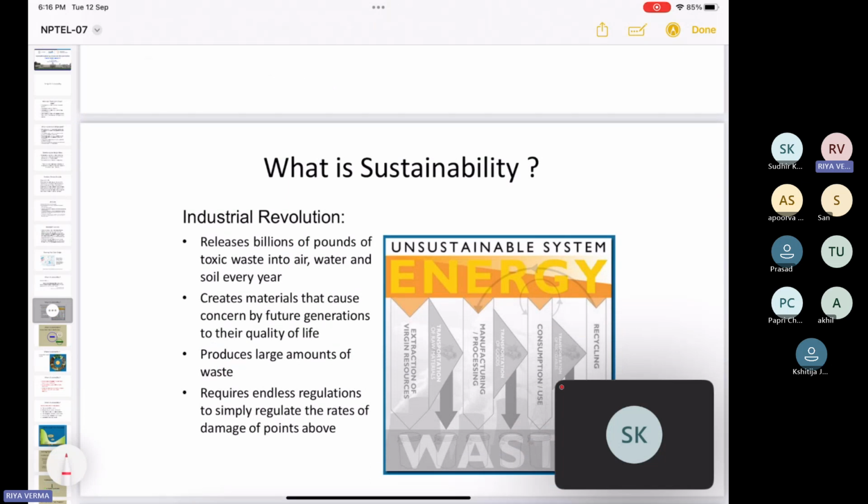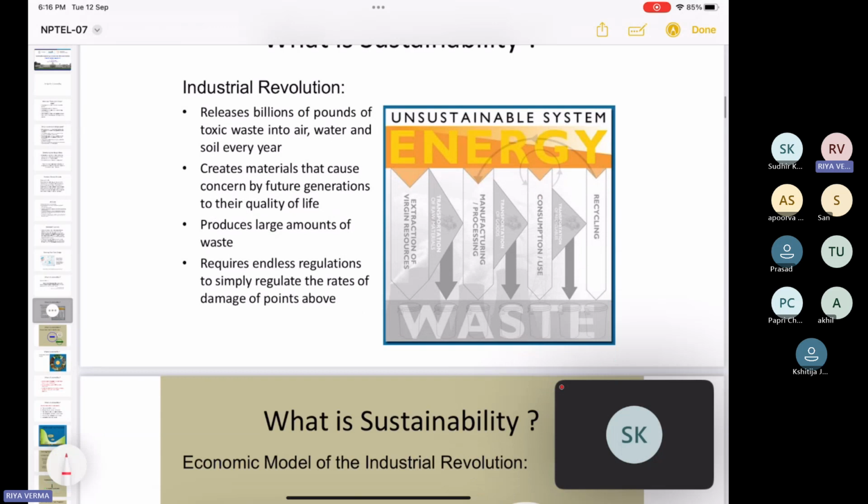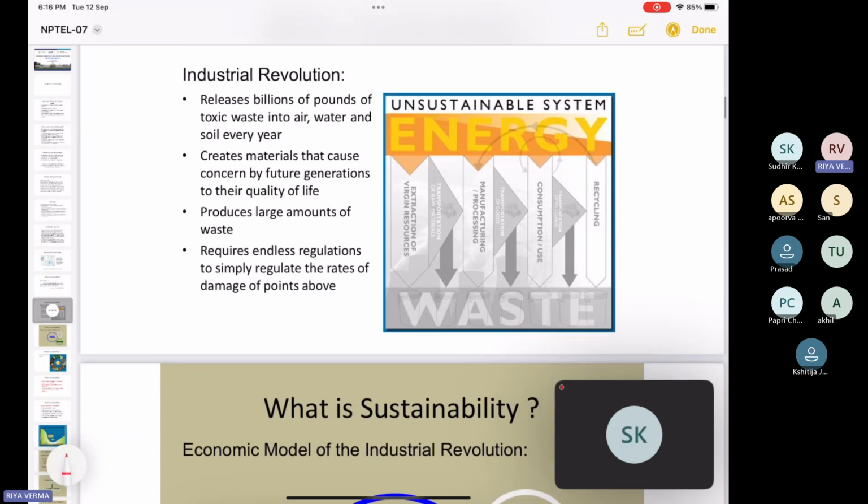During the industrial revolution, billions of pounds of toxic waste were released into the air, water, and soil every year, and that created materials that cause concern for future generations and their quality of life. It produced a large amount of waste, and it also required endless regulations simply to regulate the rates of damage. So this is all that happened during the industrial revolution, and this is a typical flowchart of a linear system.